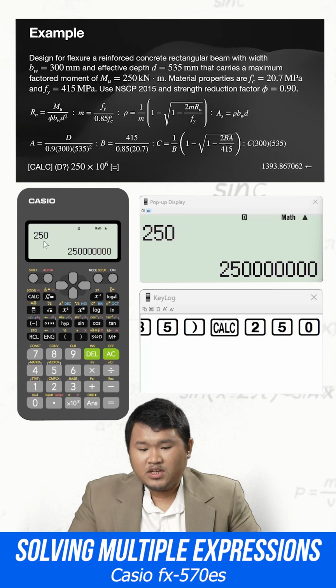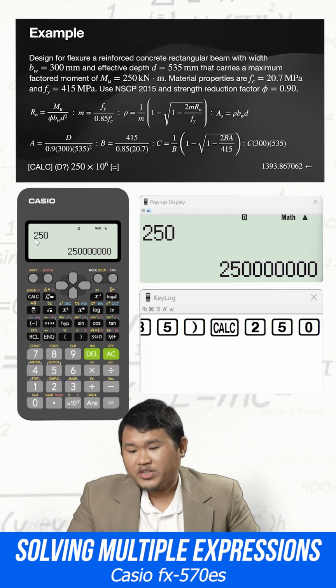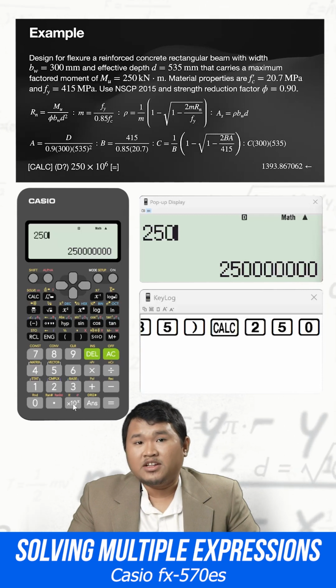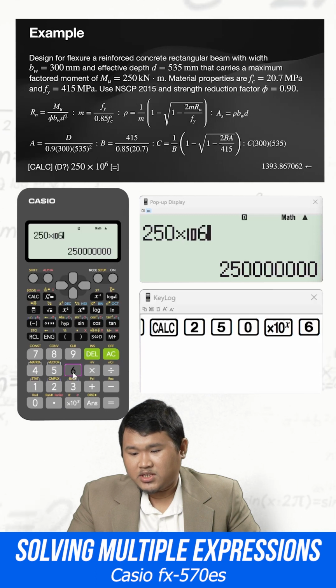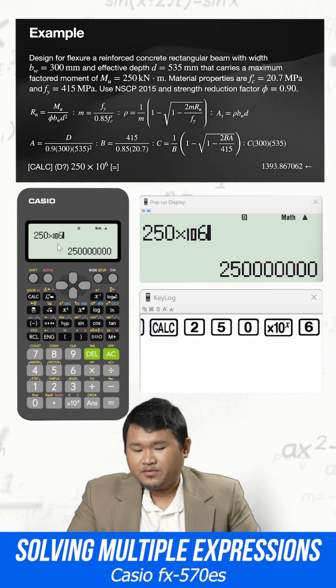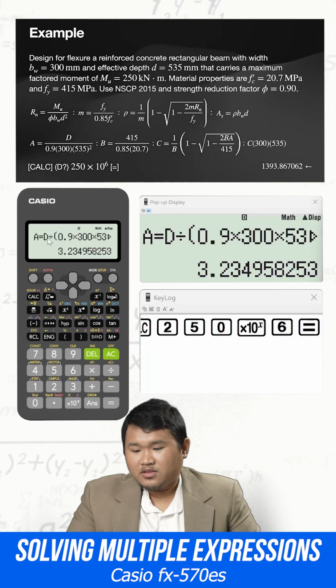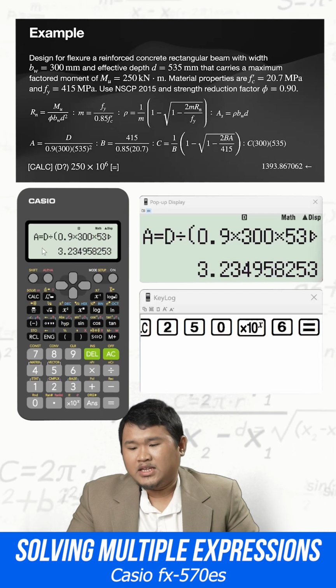But since we need the answer in millimeters squared, we will convert this to newton millimeters. So we need to multiply that by 10 raised to 6. So we press 10 raised to 6. And then after that, we can press the equal sign. The calculator will then reveal the results for each formula in this list.